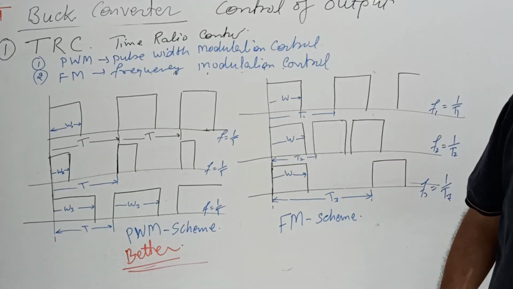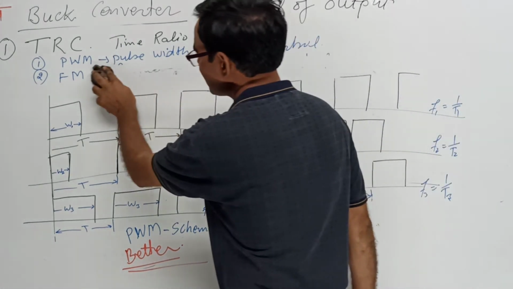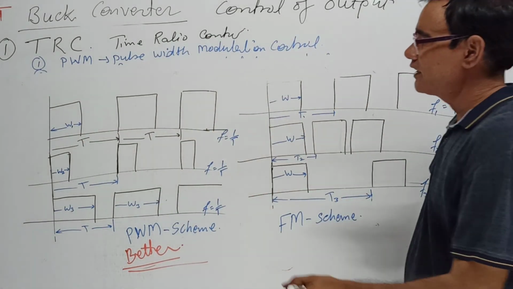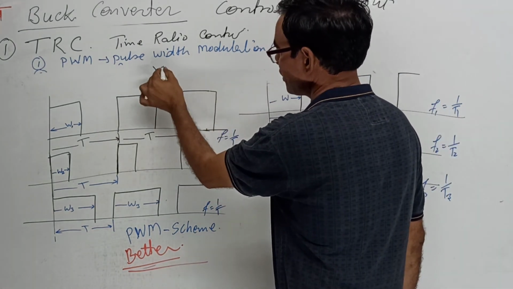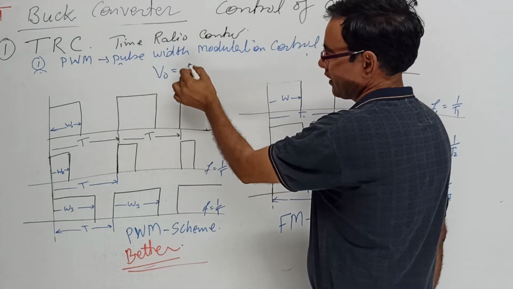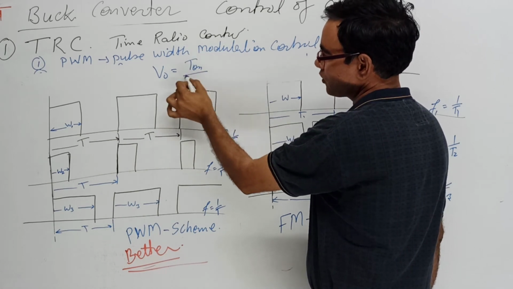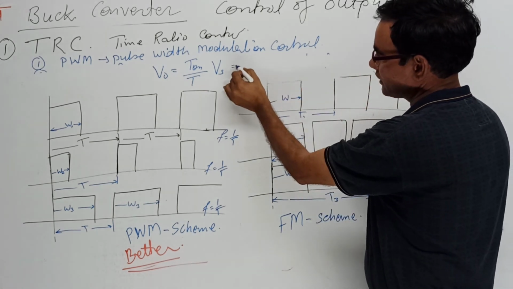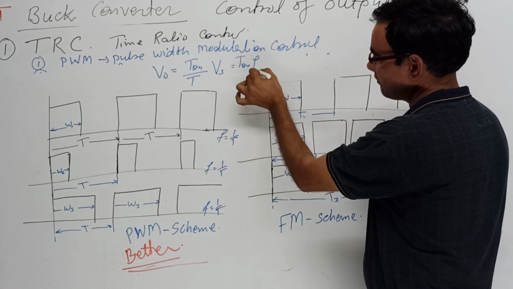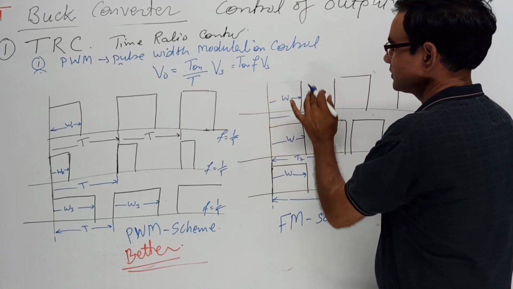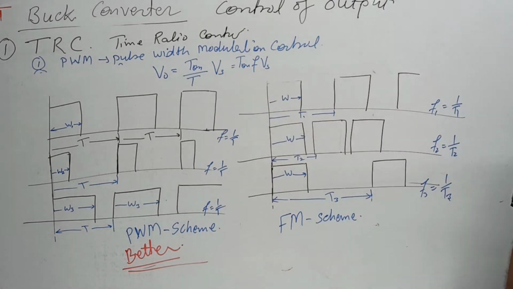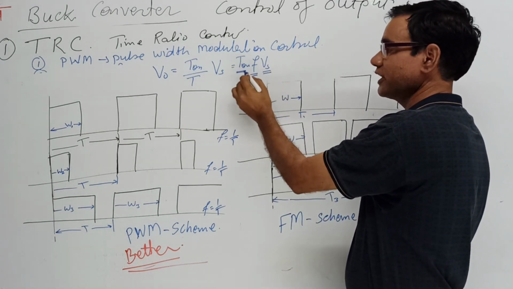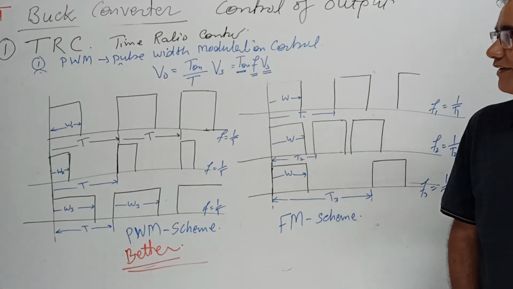So the technique which we generally use is the pulse width modulation technique. In the pulse width modulation technique, the output voltage is T on upon total T into Vs. So here it is T on into F into Vs. This is a fixed frequency, fixed source, and the on cycle will vary, so the pulse width will vary.